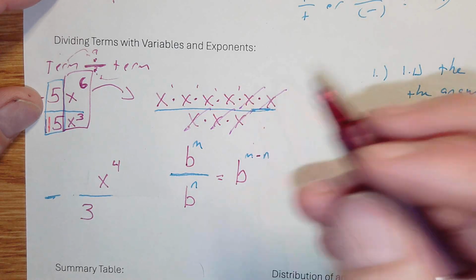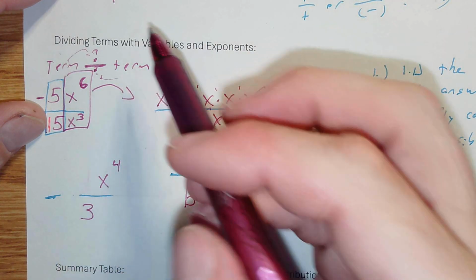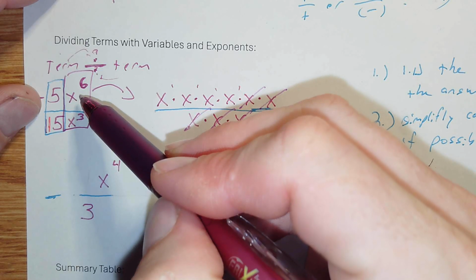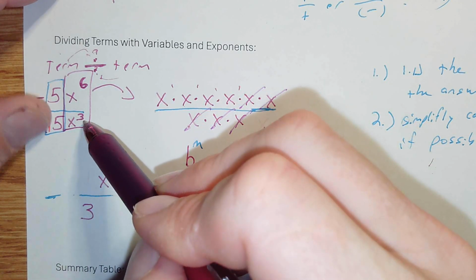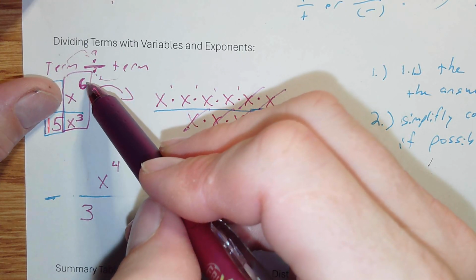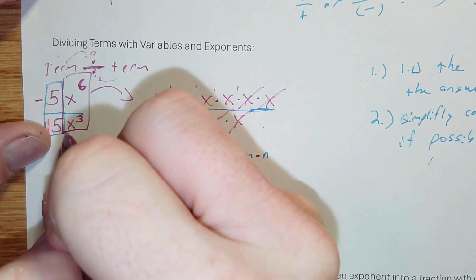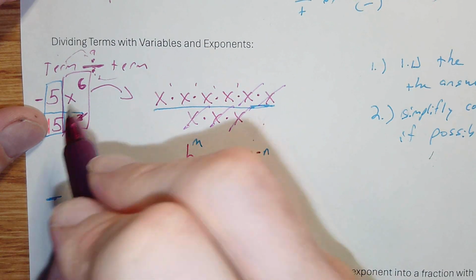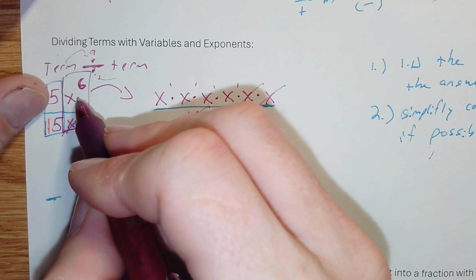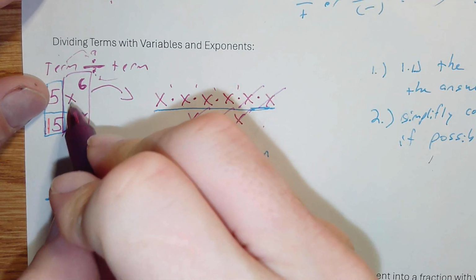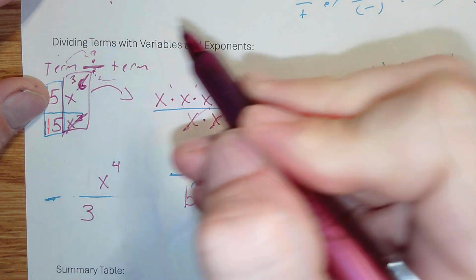Okay, so that's another way you can look at doing that. Or you can just be like, oh, okay, I have to go to war here. It's the denominator versus the numerator, right? And this one has 3 exponents versus this one's 6 exponents. Well, the 6 exponents is going to beat the 3 exponents, right? There's going to be no exponents left on the bottom, and there's going to be 3 left here, right?